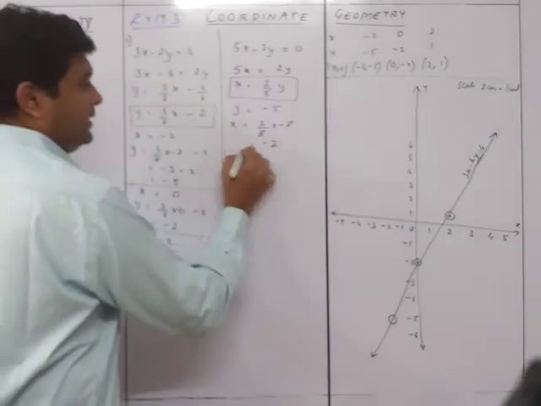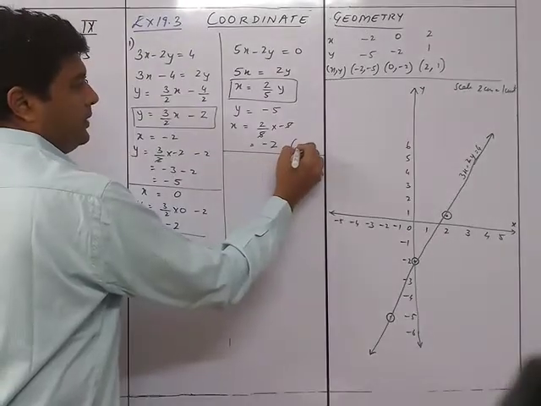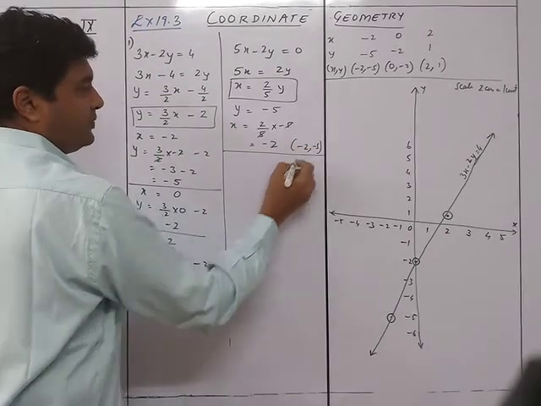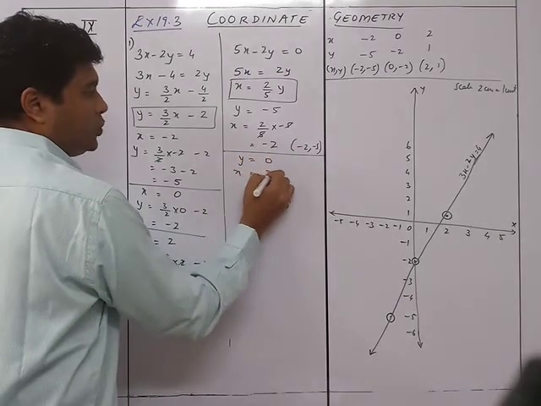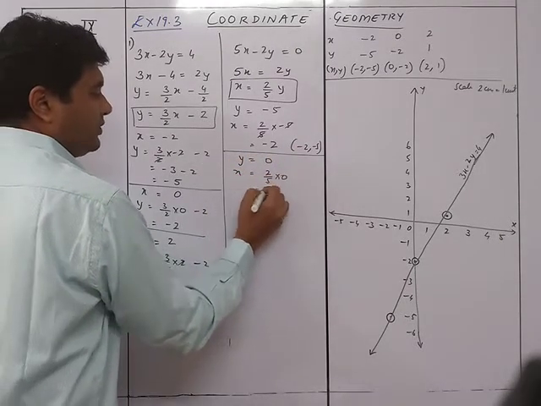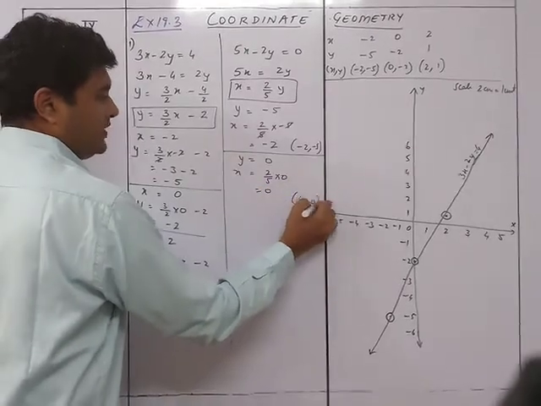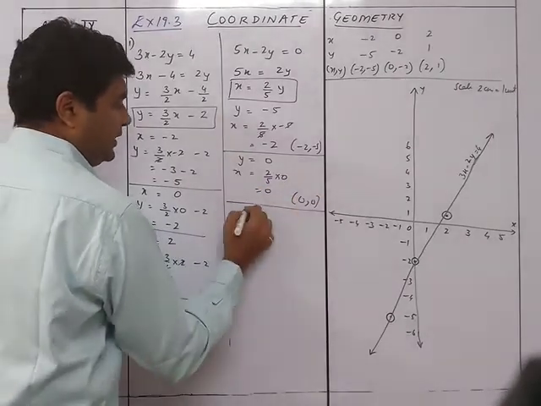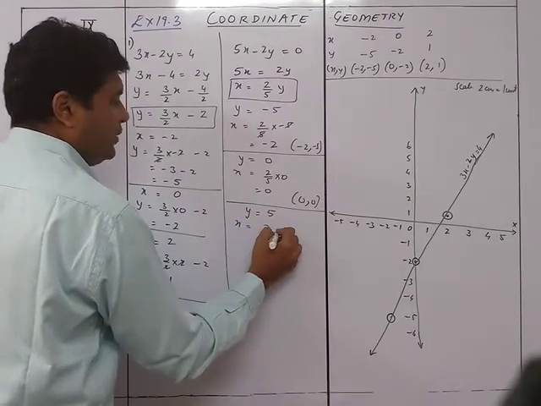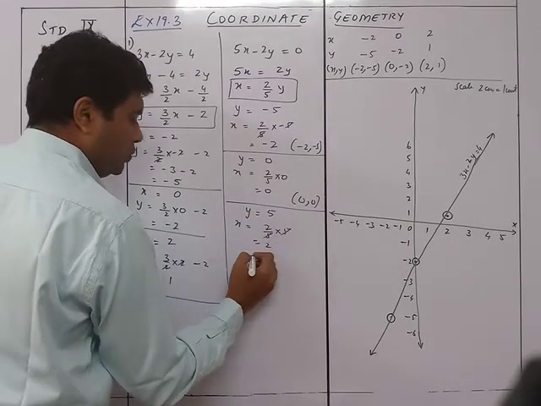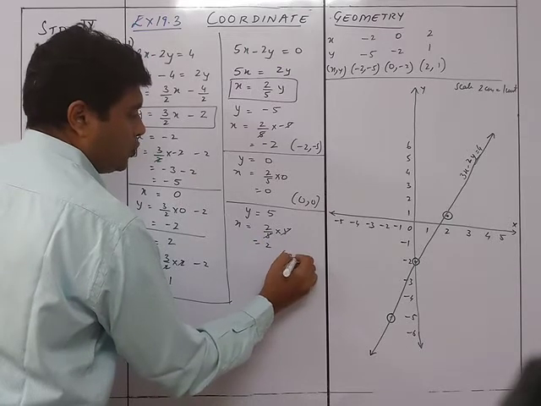So this will be minus 2 comma minus 5. Secondly, y is equal to 0, so x is equal to 2 upon 5 into 0, which is 0. So it will be 0 comma 0. And thirdly, y is equal to 5, then x is equal to 2 upon 5 into 5, that will be equal to 2. So that will be 2 comma 5.